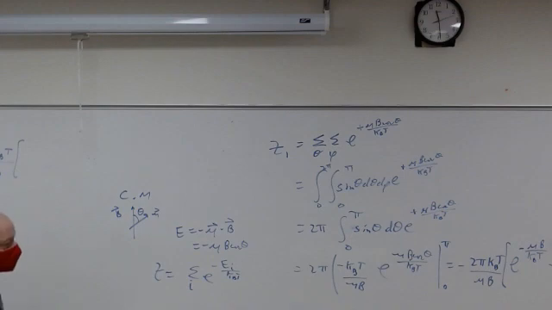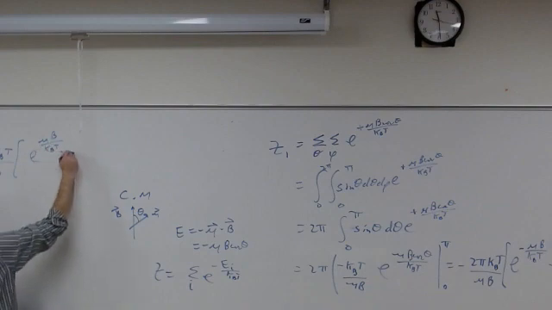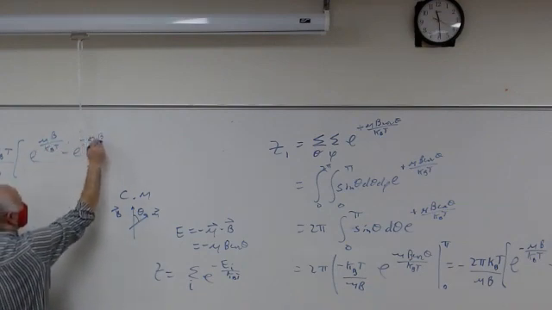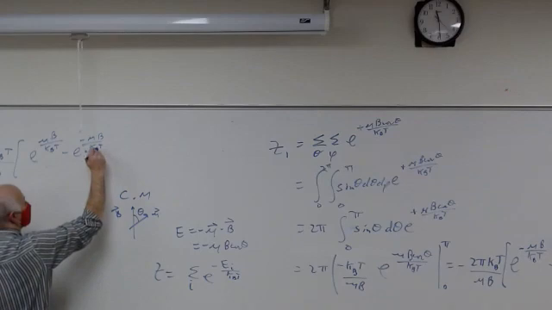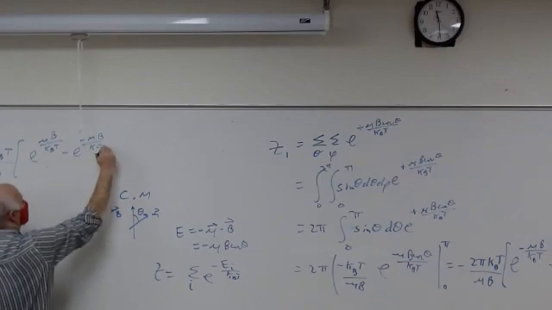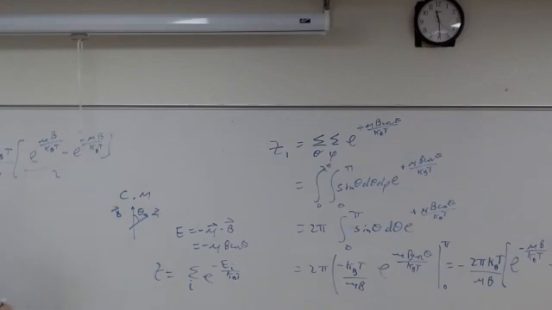We have the e to the mu B over k_B T minus e to the minus mu B over k_B T, over 2. And that's a friend, that would be the hyperbolic sine. Good job. Okay, that's our hyperbolic sine.